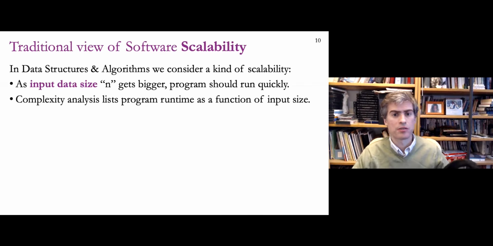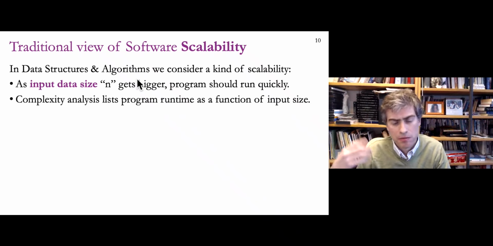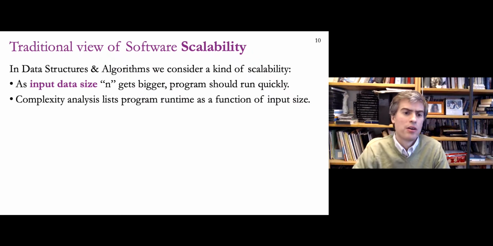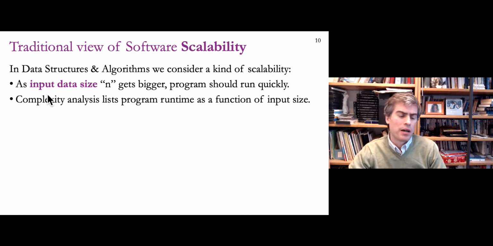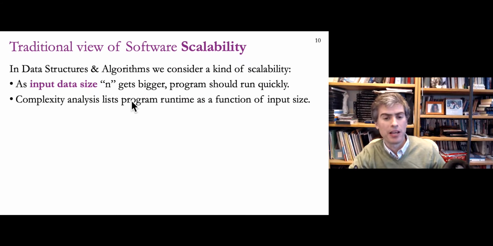more difficult than others. A traditional view of software scalability from a computer science academic perspective is what you would learn starting in a data structures and algorithms class, and then later on in more advanced algorithms classes. In that view of scalability, we're looking at input data size for a problem, which we typically notate with the variable n.